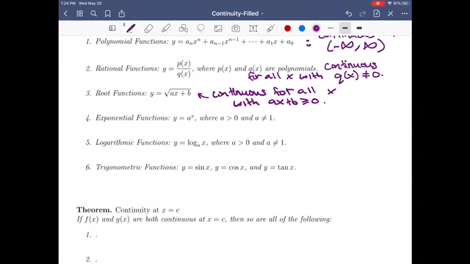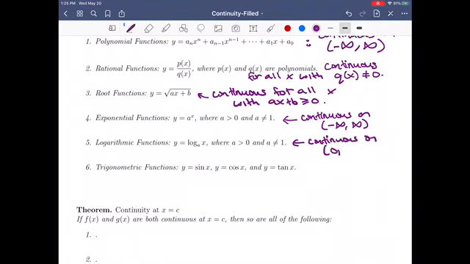The exponential functions, which we haven't talked about fully, are a constant to the power x, so the x is in the exponent now. These are continuous everywhere, so for all x from -infinity to infinity. When you have a log function, they're continuous everywhere in their domain.